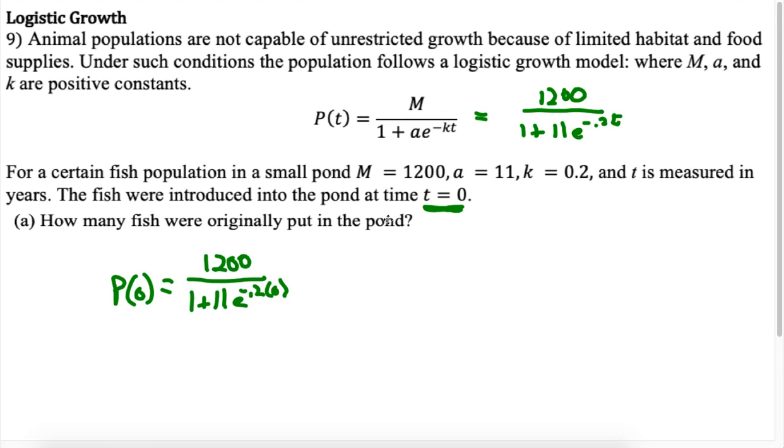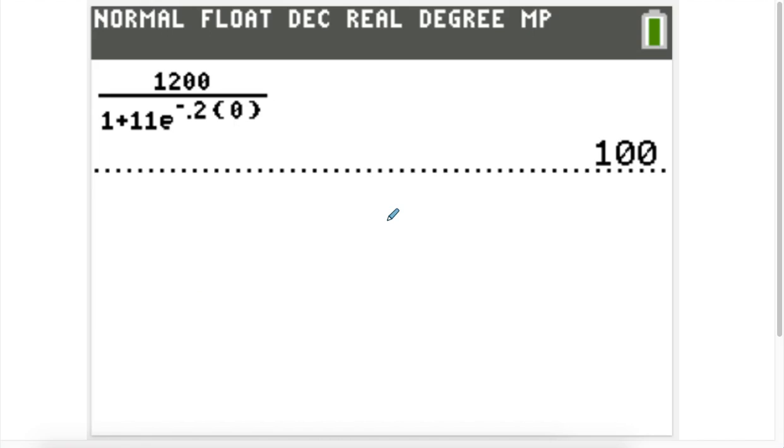So if I plug that all into the calculator, we're going to just get exactly 100. Now the reason for that is that this whole portion here would be e to the 0 power, and anything to the 0 power is 1. So this just becomes 1200 over 1 plus 11, or 1200 over 12, which would be 100.